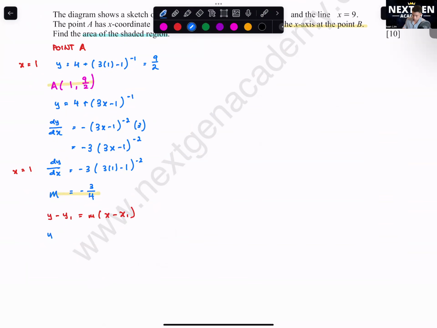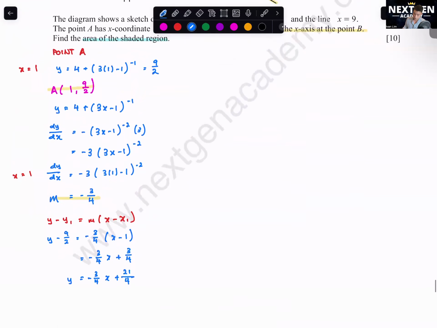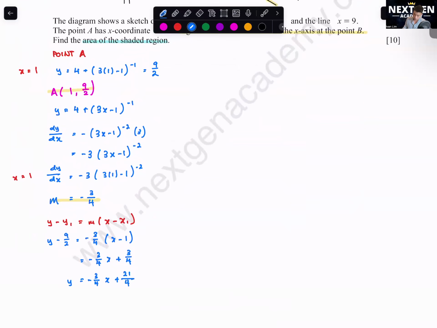Substitute inside. y minus 9 over 2 equals to negative 3 over 4 (x minus 1). Make it into y equals mx plus c. So we'll get y equals to negative 3 over 4x plus 21 over 4. Okay, so I've got my equation of tangent.